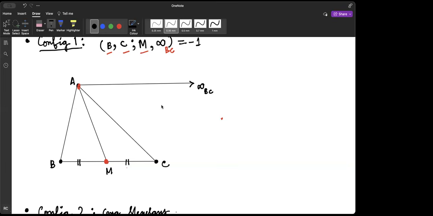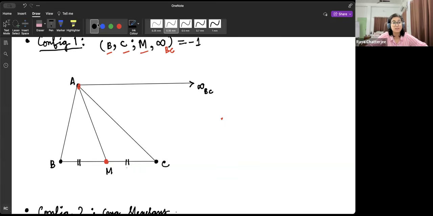We can just write it out like we write out the cross ratios, and think of infinity like we think of it in limits. True. So the cross ratio is going to be equal to Bm by Mc over B infinity by infinity C. And Bm and Mc are equal, right? So that is just equal to 1.